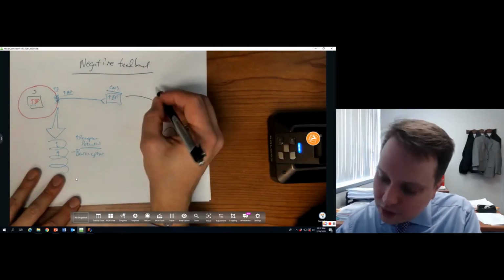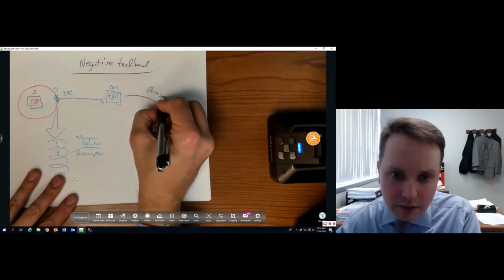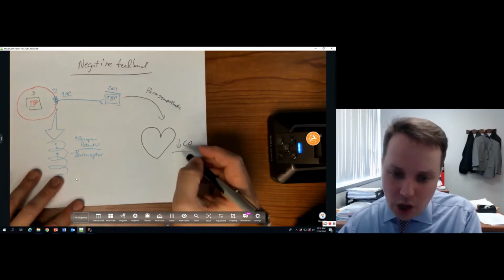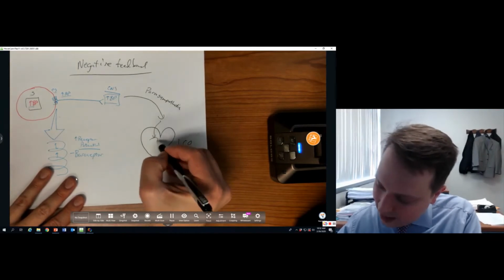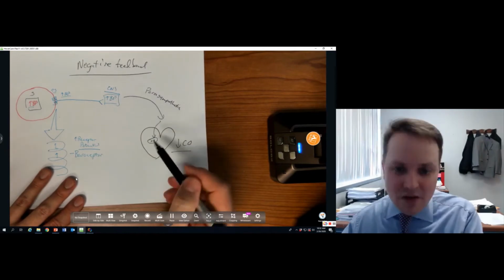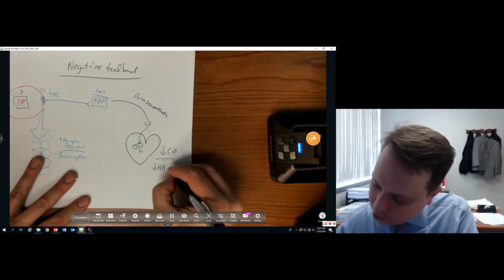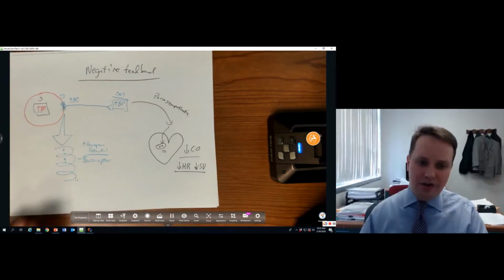And we're going to use the parasympathetic to lower the cardiac output. We're going to actually go into the SA node, AV node, all that, and reduce the heart rate and reduce the stroke volume. Okay, that is our main goal here in this process.